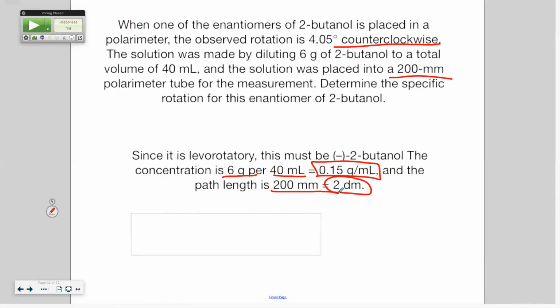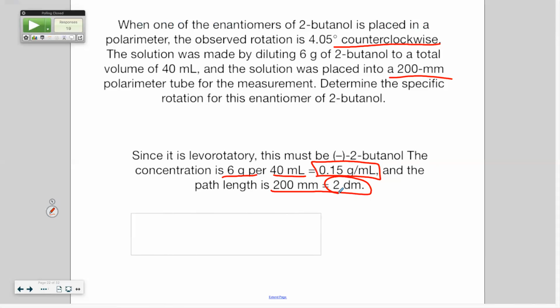Do you know how big a decimeter is? This is big. That's a decimeter. So if it's 200 millimeters, it's that big, which is 2 decimeters. Or 100 millimeters.